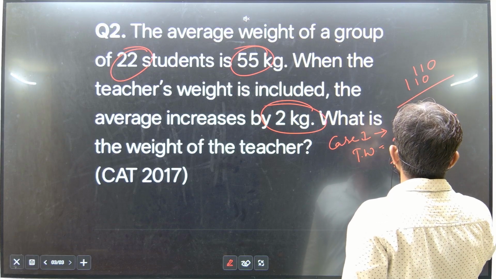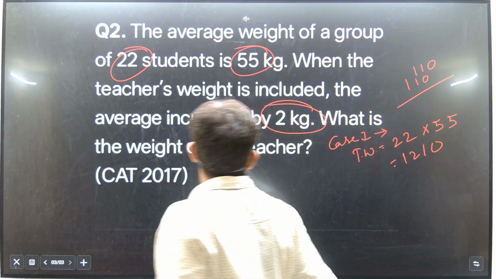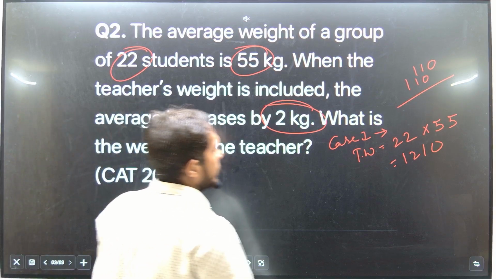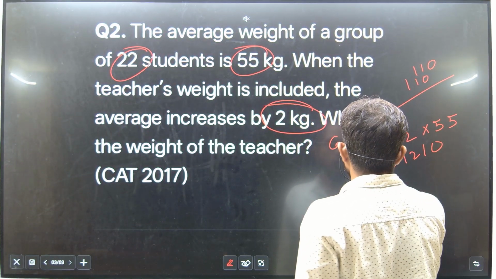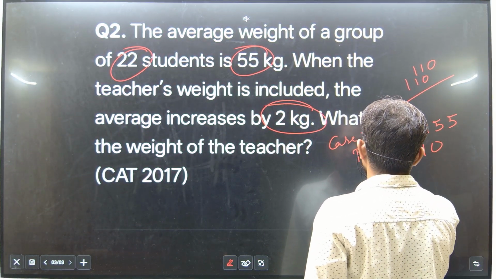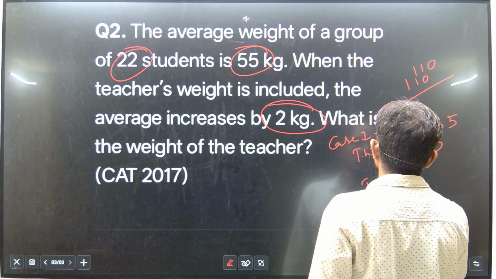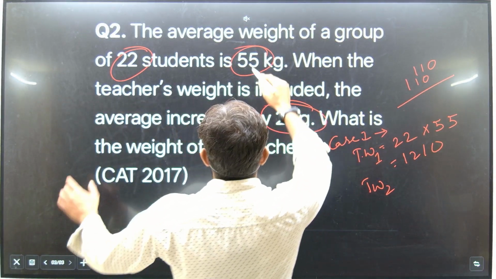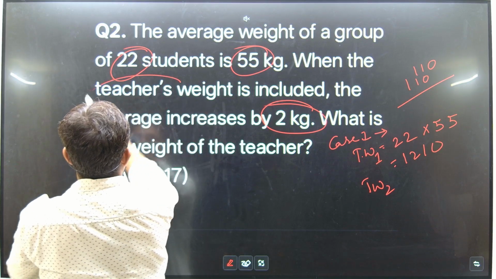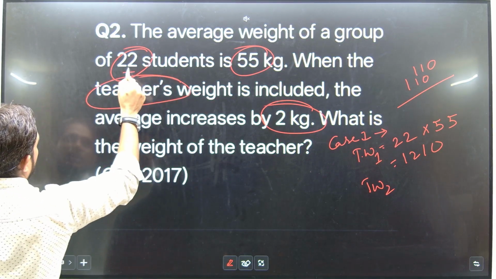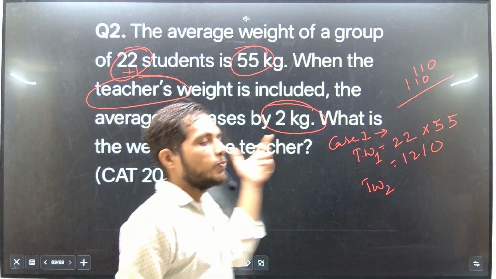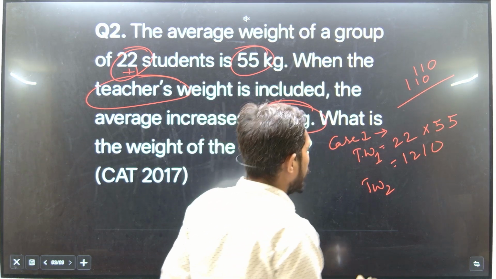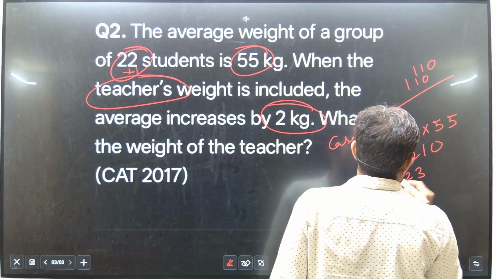Let's write this as TW1. Now in the second case, the number of people becomes 22 students plus the teacher included. There is a single teacher, so 22 plus 1 becomes 23.